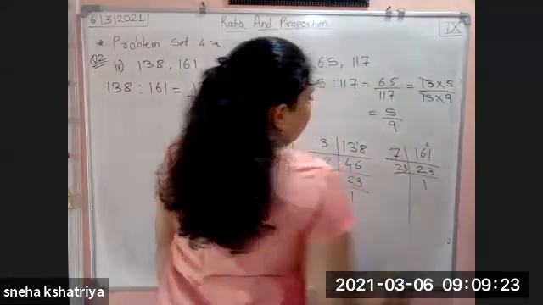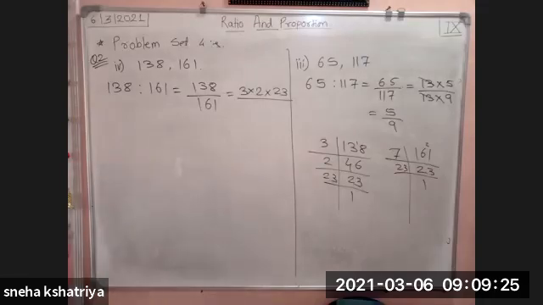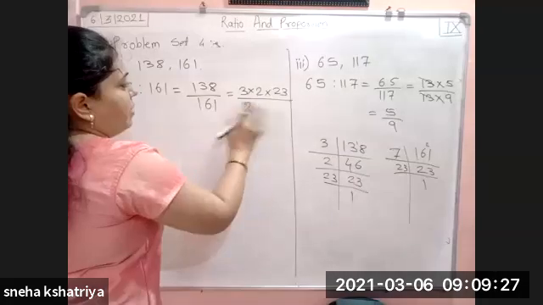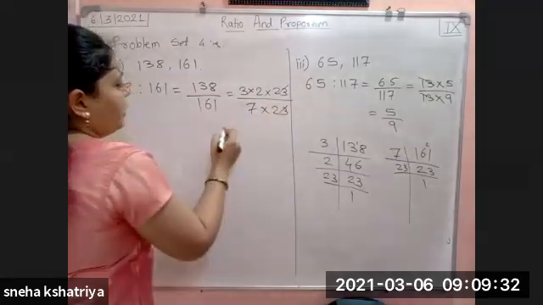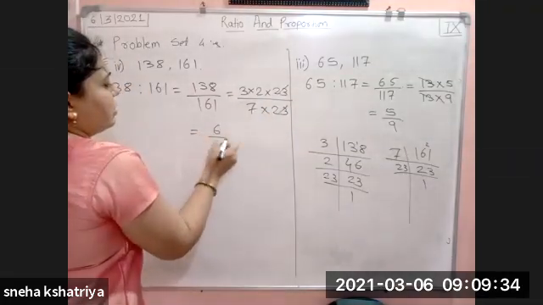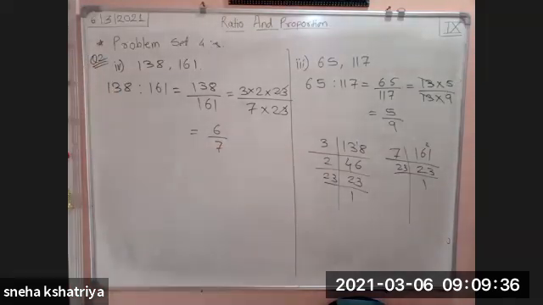So 23 and 1. Again 23 is a prime number. So 161 is split as 7 into 23. So here 23 and 23 get cancelled. 3 twos are 6 upon 7. So the reduced form is 6 is to 7.